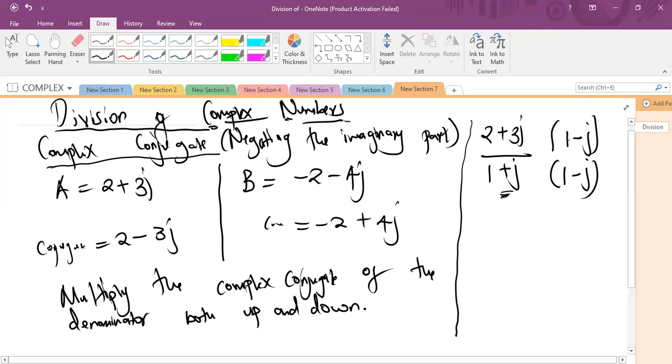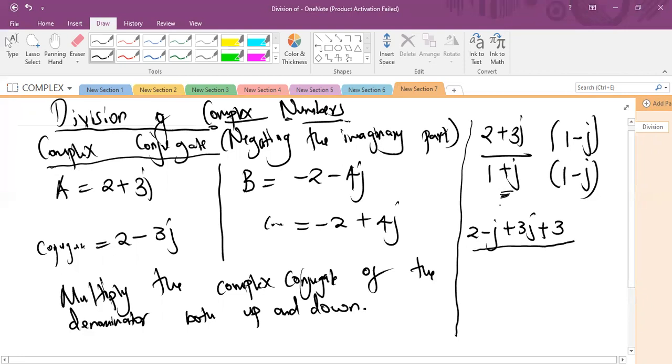So we already did a multiplication. We'll just go ahead and open this bracket, and that will be it for division. So on the upper side, you take 2, you use it to open this bracket. We'll have 2 minus j. You take plus 3j, you use it to open the bracket. We'll have plus 3j minus 3j multiplied with j, which will give us 3j squared, but j squared is minus 1, so this will be plus 3.